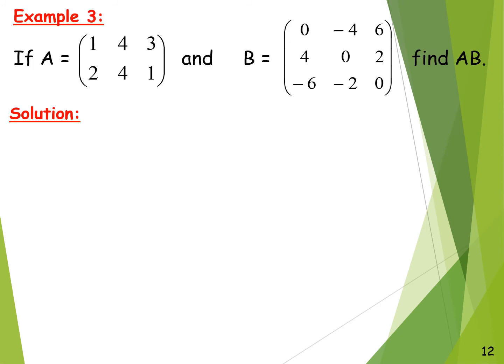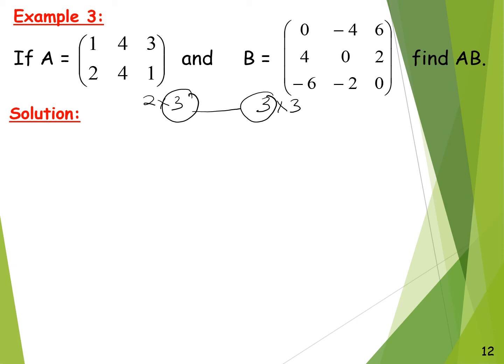Example 3. Matrix A has order 2 by 3 and matrix B has order 3 by 3. So to find the multiplication between A and B, the product AB is a matrix of order 2 by 3.